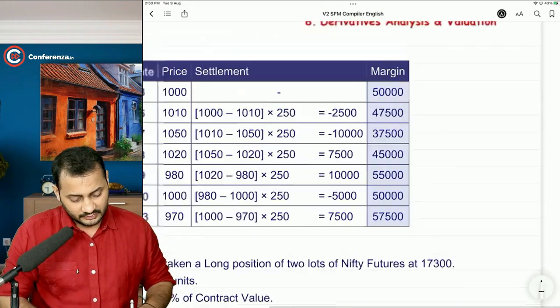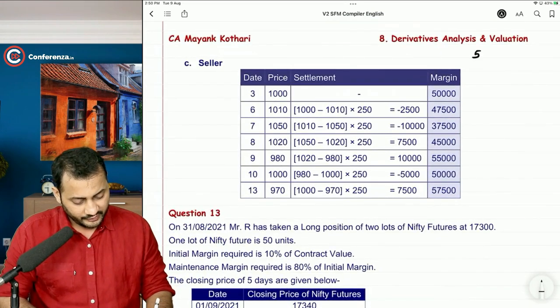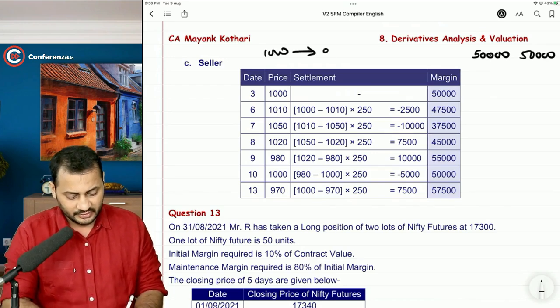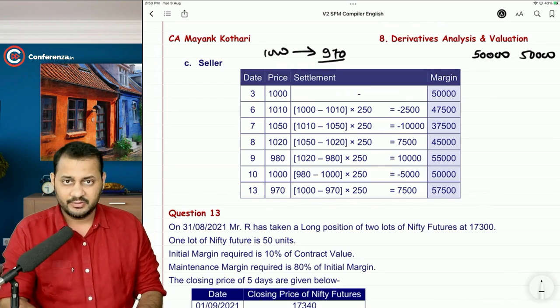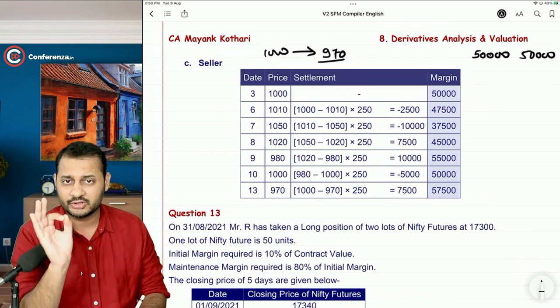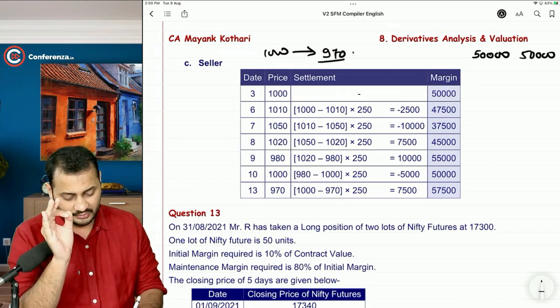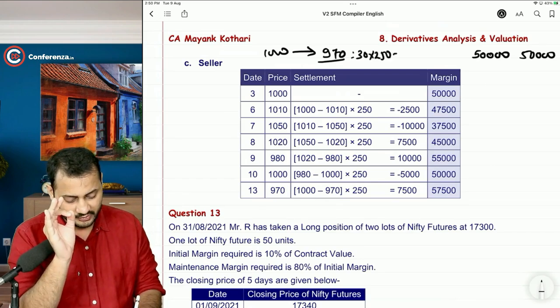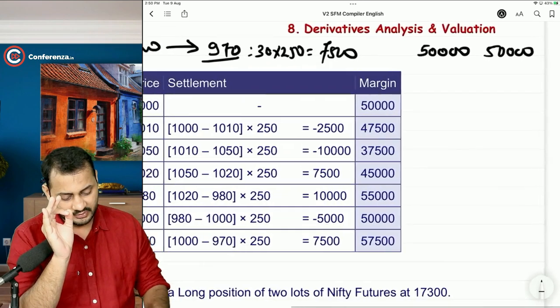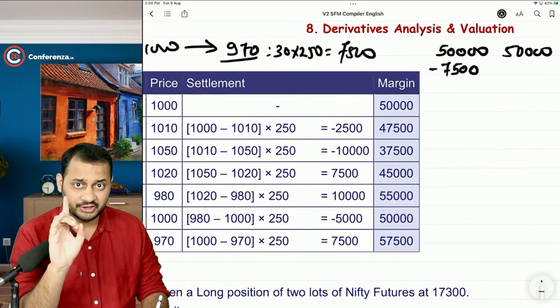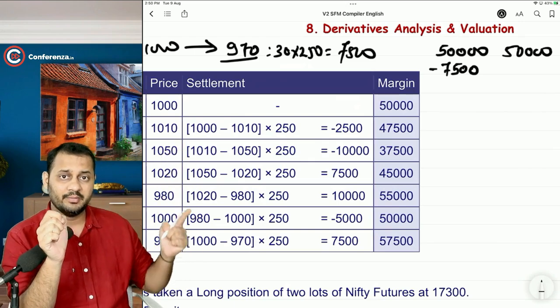Ultimately, see, 50,000 was deposited by both the parties and the prices went from 1,000 to 970. That means there will be a 30 rupees loss to the buyer and 30 rupees profit to the seller, and that comes to 30 into 250, that is 7,500. So 7,500 will be deducted, not in one shot but on a daily basis.